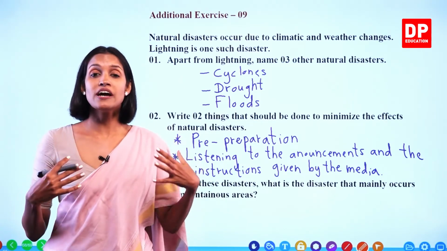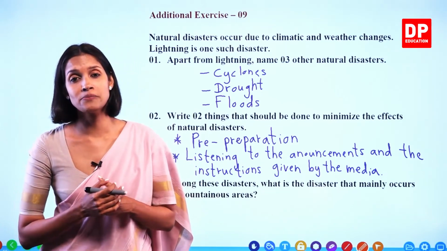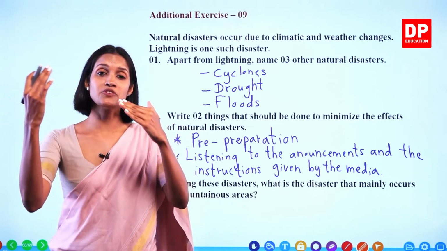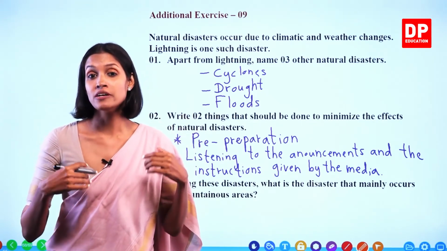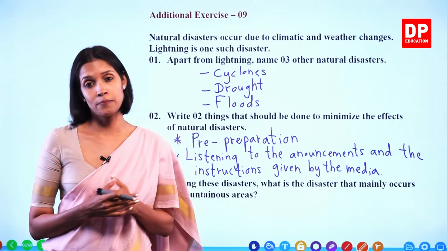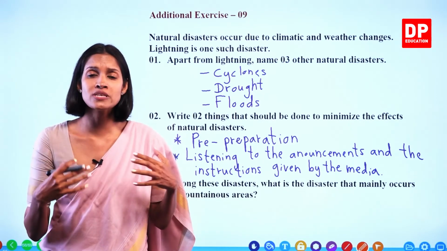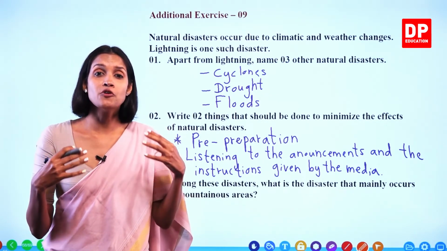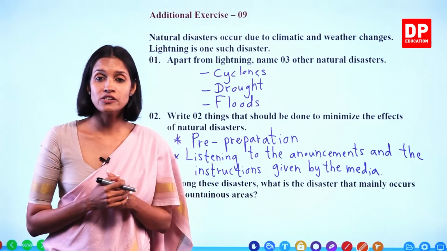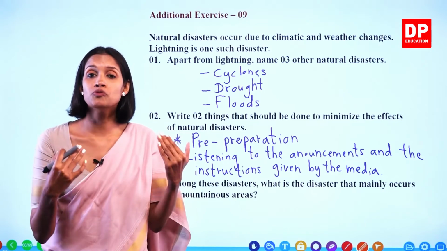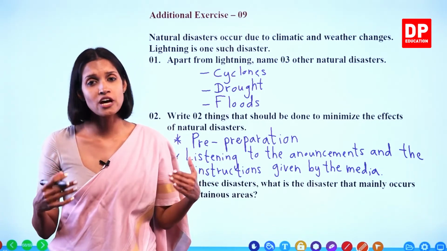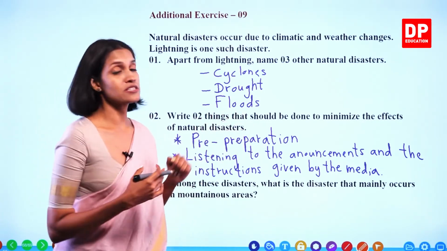Okay, so if we identify those signs, now for example, we can see that some trees are slanted towards a slopey area. So this is a sign that the landslide is going to happen, right? Or sometimes some different sounds also occur, right, children? So if you find these type of signs, you have to move away from the areas. Like those are also the examples that you can write.